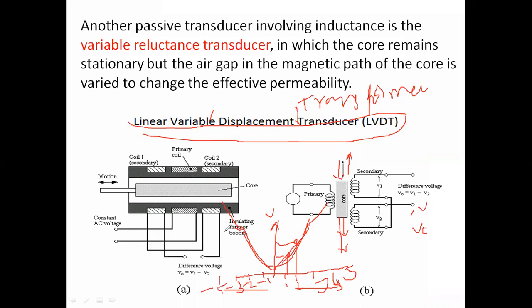So up to this point it offers linear characteristics, and that's why it is called a linear variable differential transformer, because up to this point the non-linearities are compensated. Okay, so that's why it is a linear transducer, and it comes under the category of passive transducer.